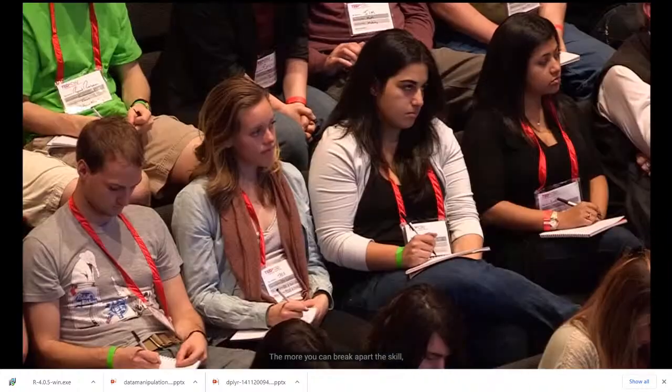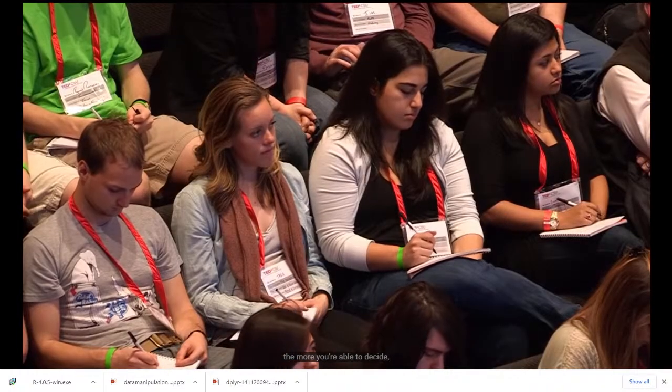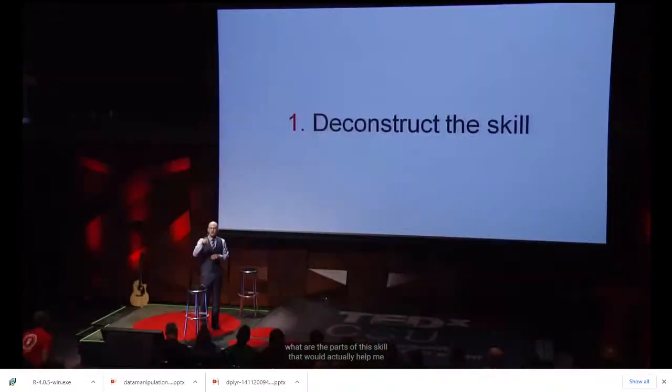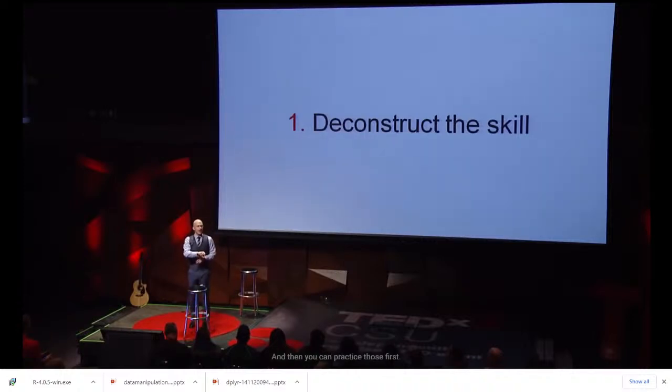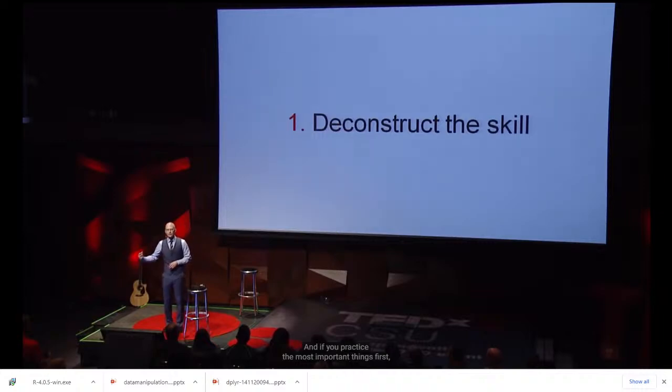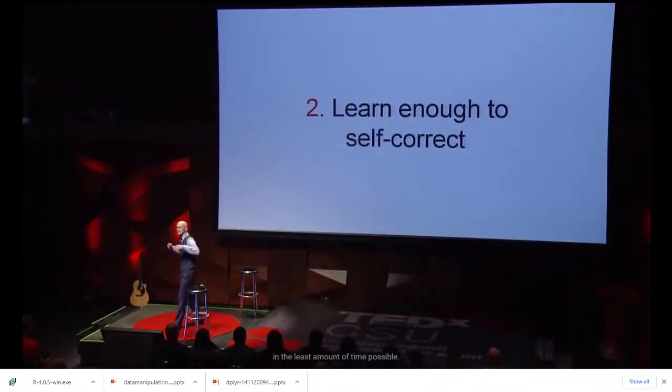The more you can break apart the skill, the more you're able to decide what are the parts of this skill that will actually help me get to what I want, and then you can practice those first. And if you practice the most important things first, you'll be able to improve your performance in the least amount of time possible.